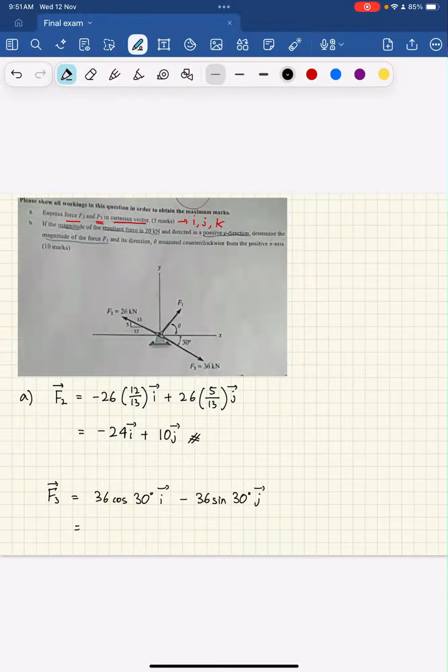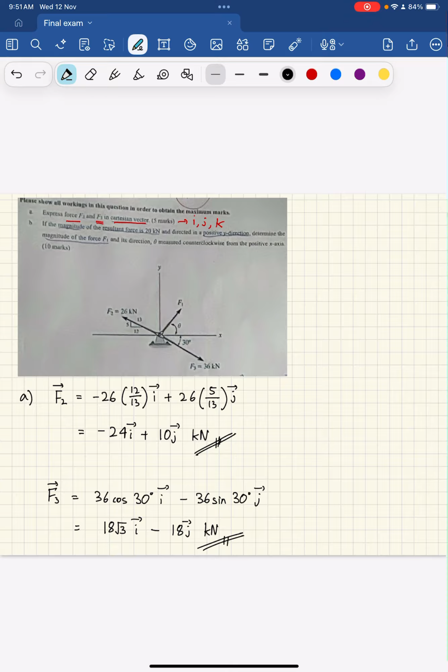Once you simplify with the calculator, we get 18 root 3 I minus 18j. By the way, don't forget to put the units here, because it's a force, so we also have the units as well.